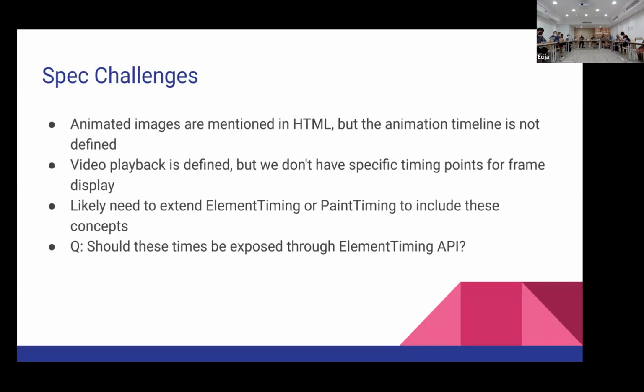And when we do that, I think the question naturally arises, should we be exposing these times through the element timing API? Right, as it is, element timing, if you put that on an animated image, is going to give you what we currently report for LCP, which is the presentation time after it's fully loaded. Should we be extending element timing to have a field which is like first frame?